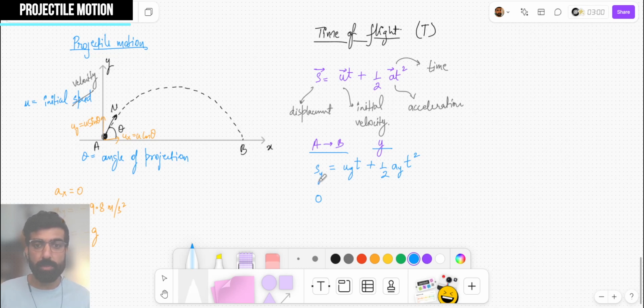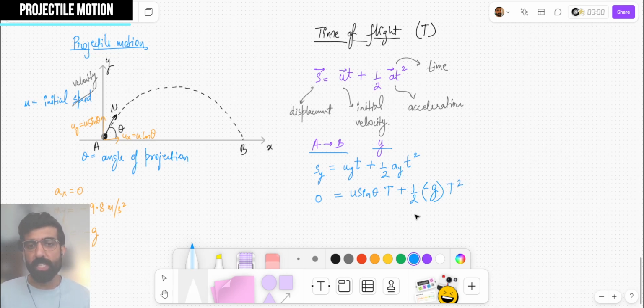Therefore, 0 is equal to the initial velocity in the y direction, which we have already found last time, u sine theta, times t. Here t is the time of flight, as the particle goes from A to B, it takes the complete time that it is in the air. So t is the time of flight, plus half, acceleration in the y direction, which is minus g, minus because it is downward, times t square, which is time of flight square.